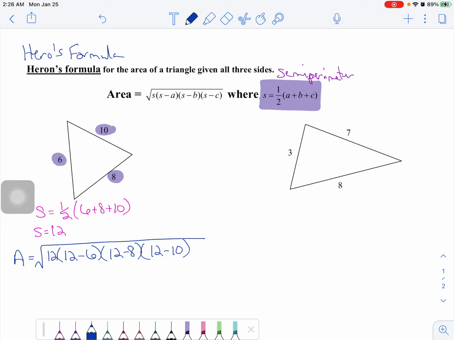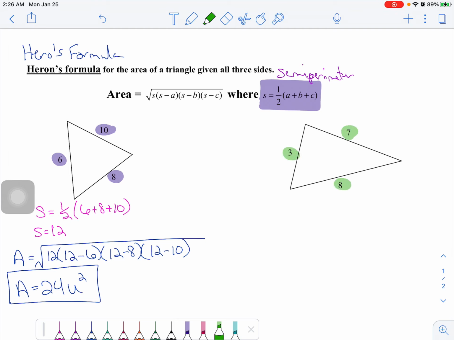So square root of 12 times (12 minus 6) times (12 minus 8) times (12 minus 10). Into the calculator it goes, and we get an area here of exactly 24. Again, we don't know our units, so we'll call it units squared. And there's your answer. Sometimes it's really straightforward like that.